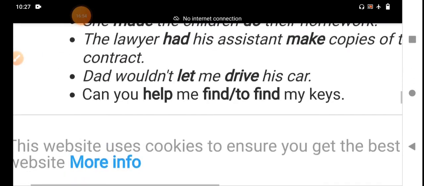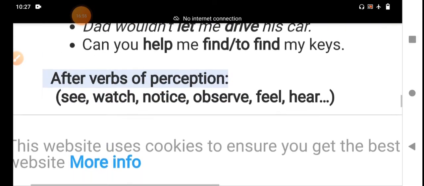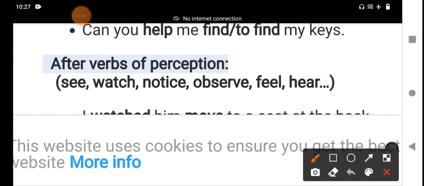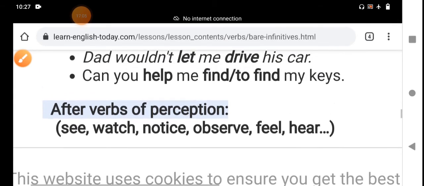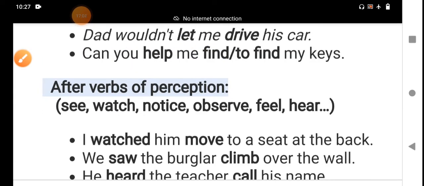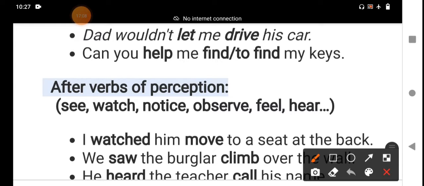After verbs of perception, it is more important. What are the perception verbs?